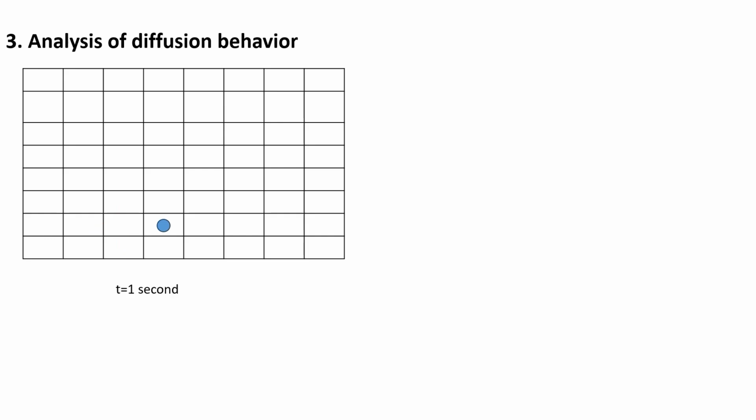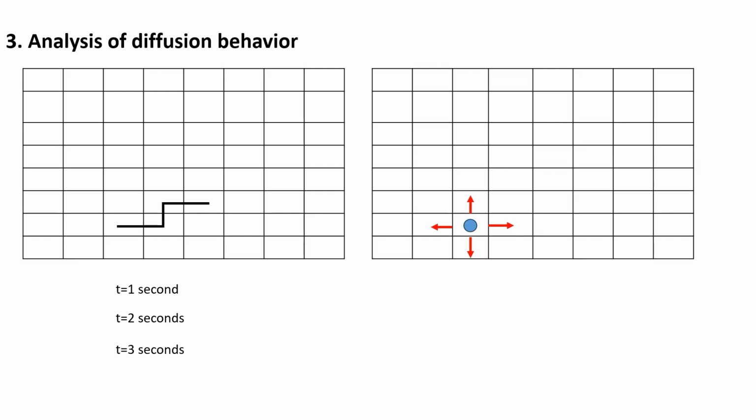Therefore, there are 3 time intervals, namely t equal 1, 2, and 3 seconds. And at every time interval, the particle will be in a position in space. We can describe it as a function of 2 variables, space and time.